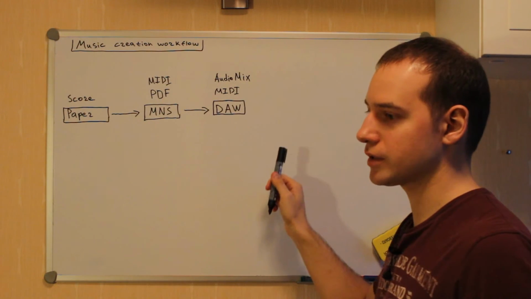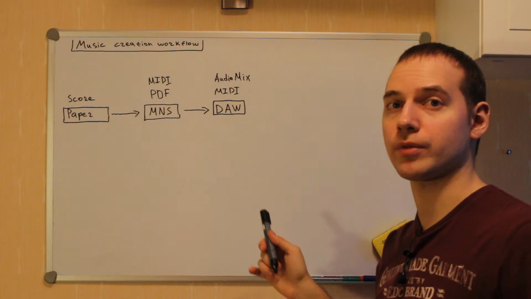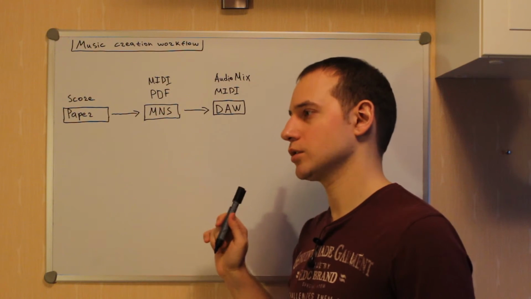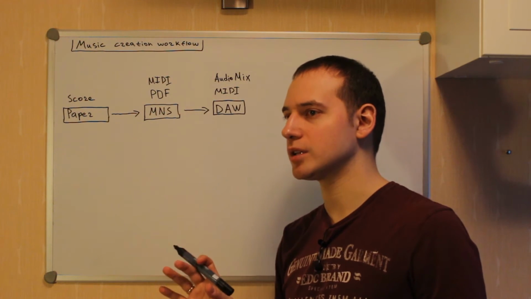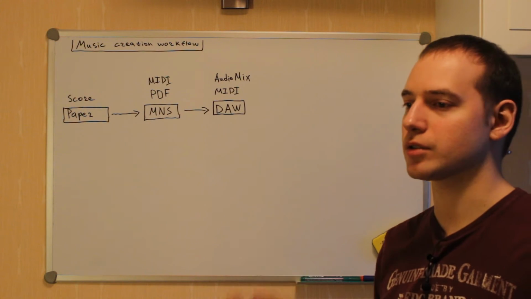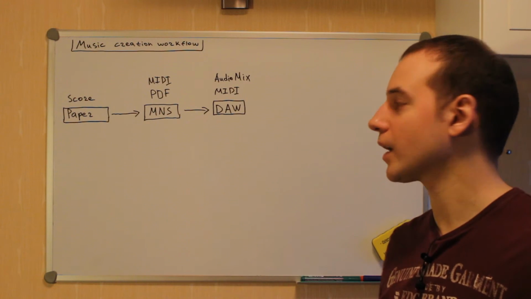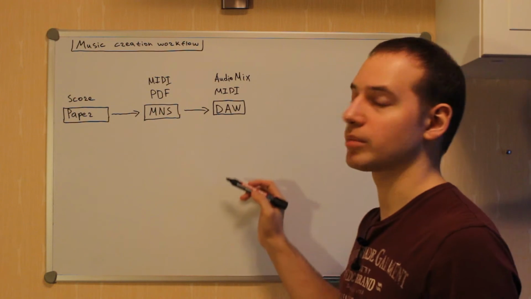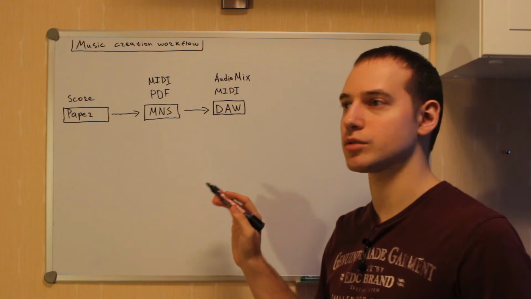Now you can use different tools of the audio workstation to move the notes a little bit, to change different parameters like continuous controls, dynamics, vibrato, and so on, that your music library allows to change.